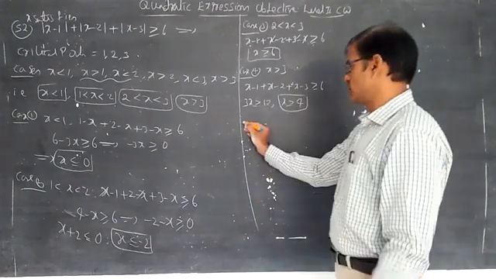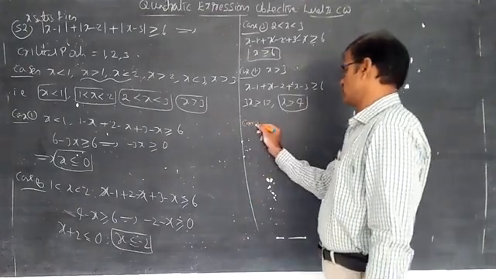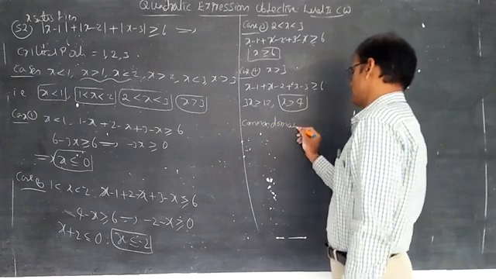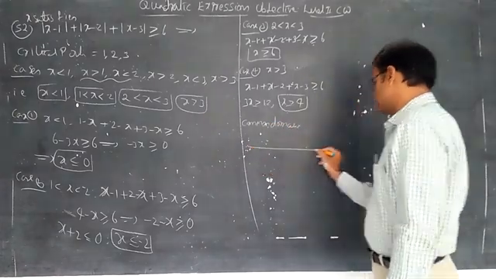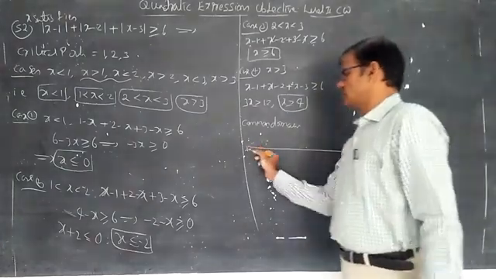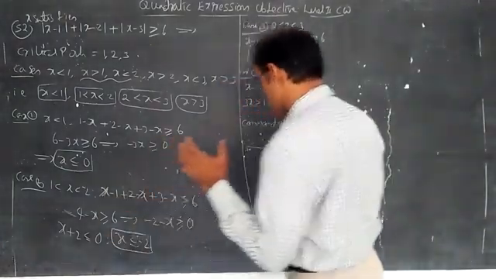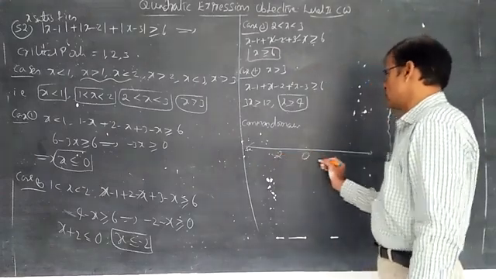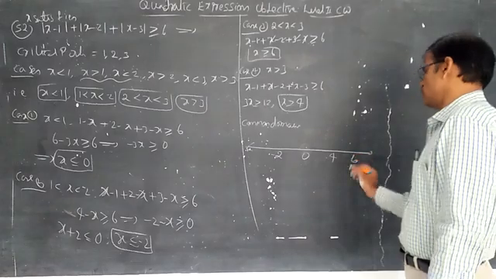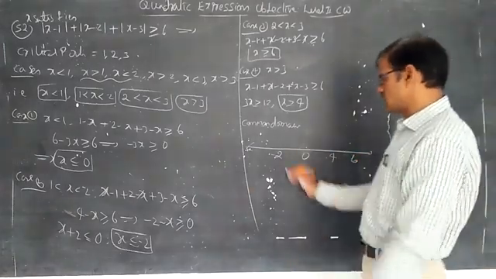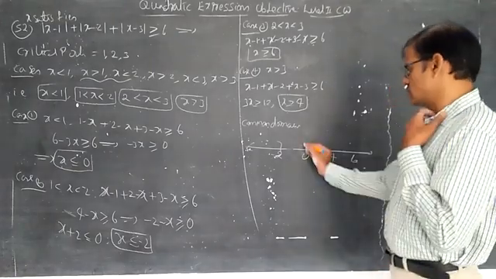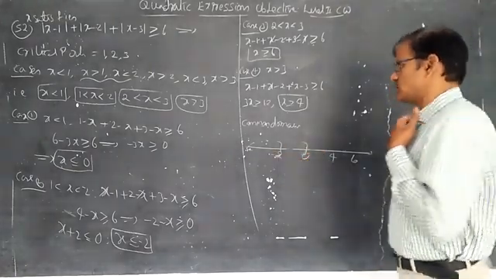Now I can write the common domain by taking a real line. Draw a real line and write the values we got: minus 2, 0, and put here 4, and here 6. x less than or equal to minus 2 is correct, and x less than or equal to 0 is okay.